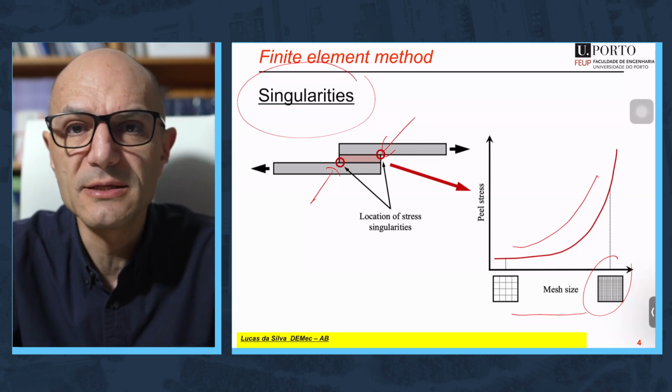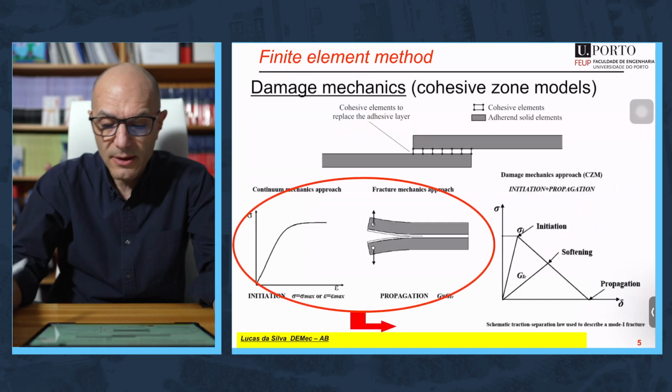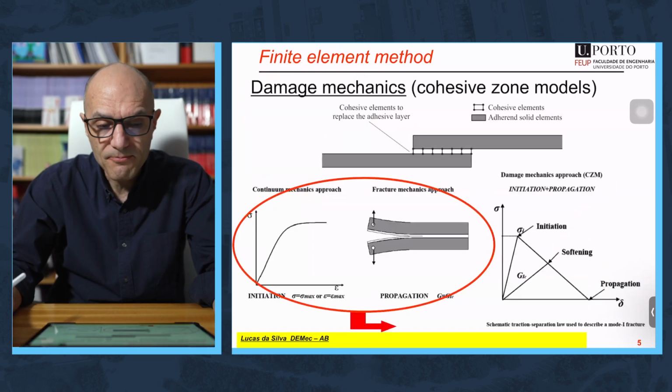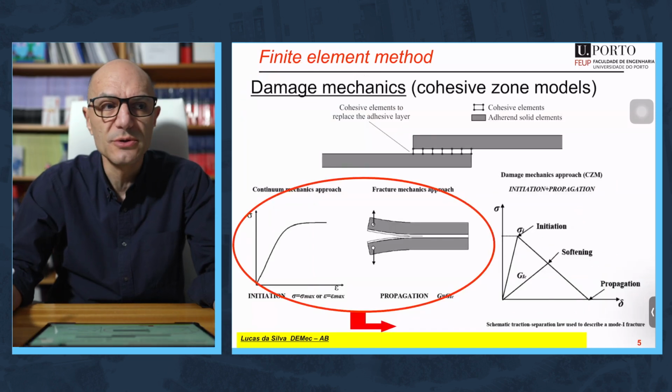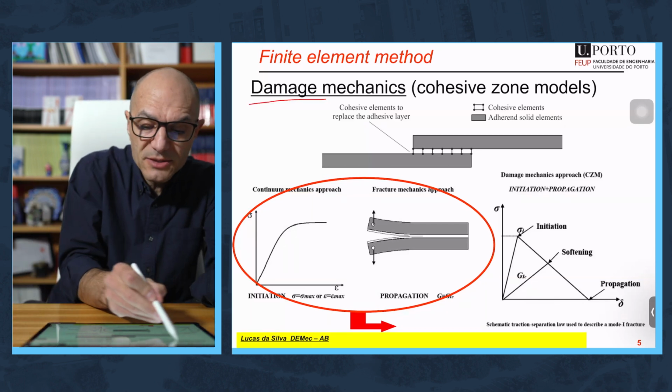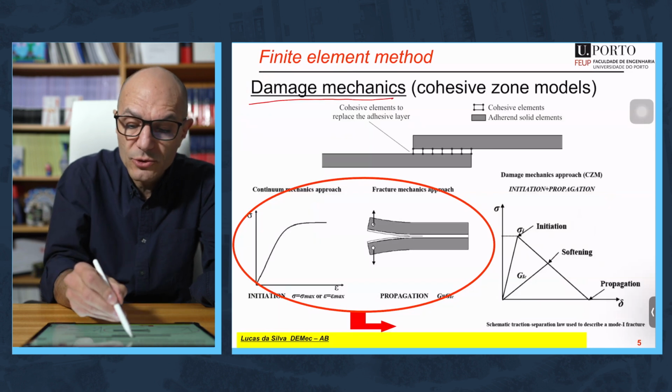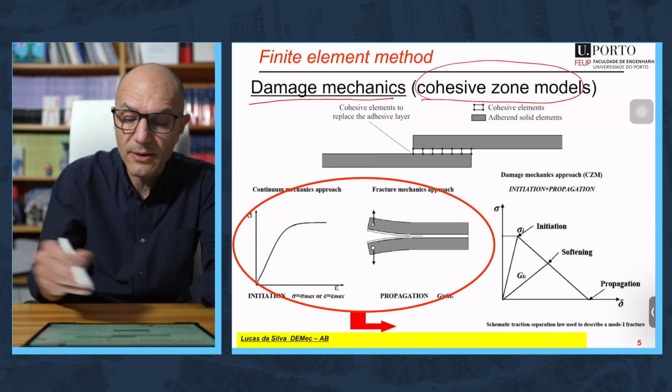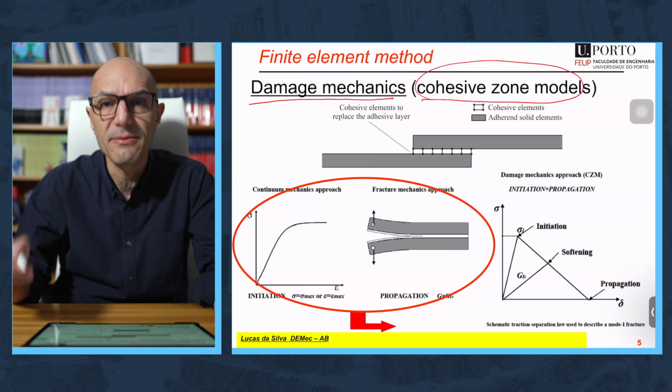These are all techniques that have been used, but nowadays the approach used to deal with the singularity, and with other problems actually, is to use damage mechanics, and in particular to use cohesive zone models or cohesive zone elements.